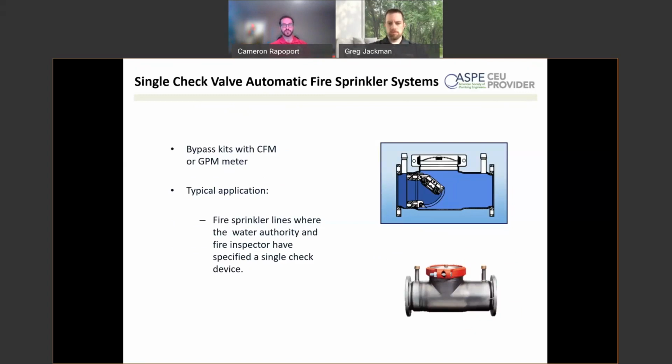Or sometimes when you replace them, you have to upgrade to an actual backflow preventer, a double check, or an RPZ. They're very straightforward. It's a single check valve. They aren't as highly regulated, but they still do have to go through all of those UL tests: the 50,000 cycles, making sure the materials are appropriate, doing seat adhesion tests, that kind of stuff.